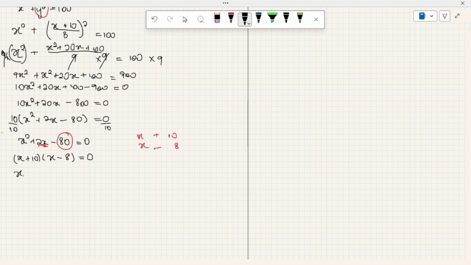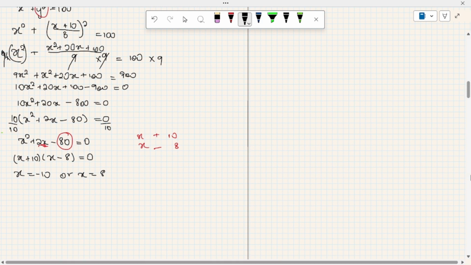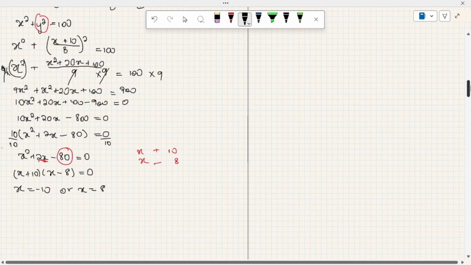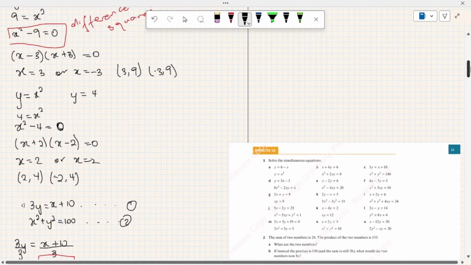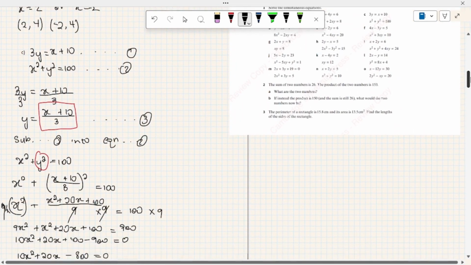Therefore x is equal to minus 10, or x is equal to 8. Now we're going to find the values of y for this equation.